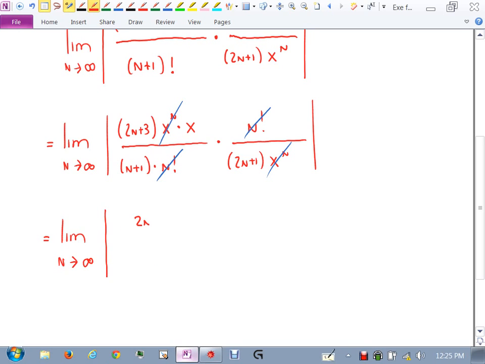I've got 2n plus 3 on top with an x next to it, right? All over 2n squared plus 3n plus 1. And that's it on the bottom, right?